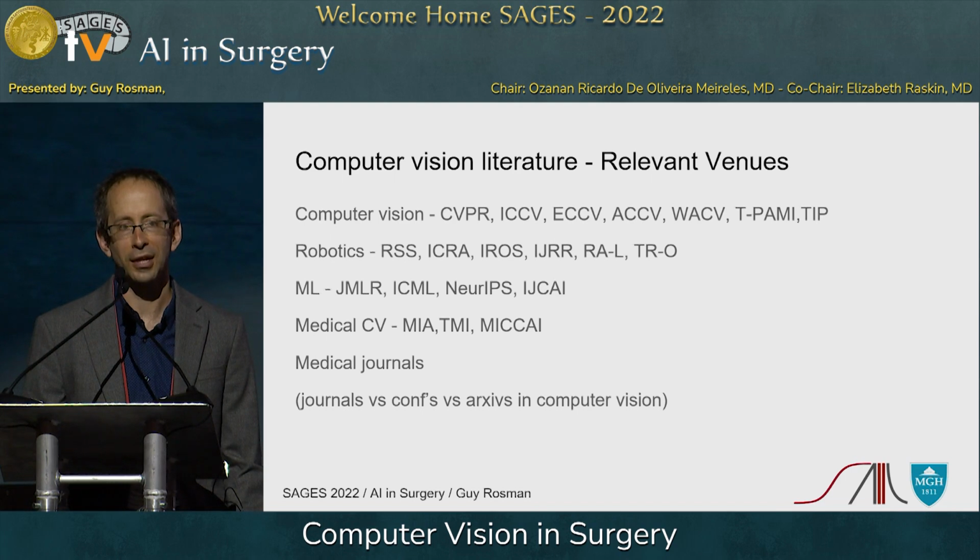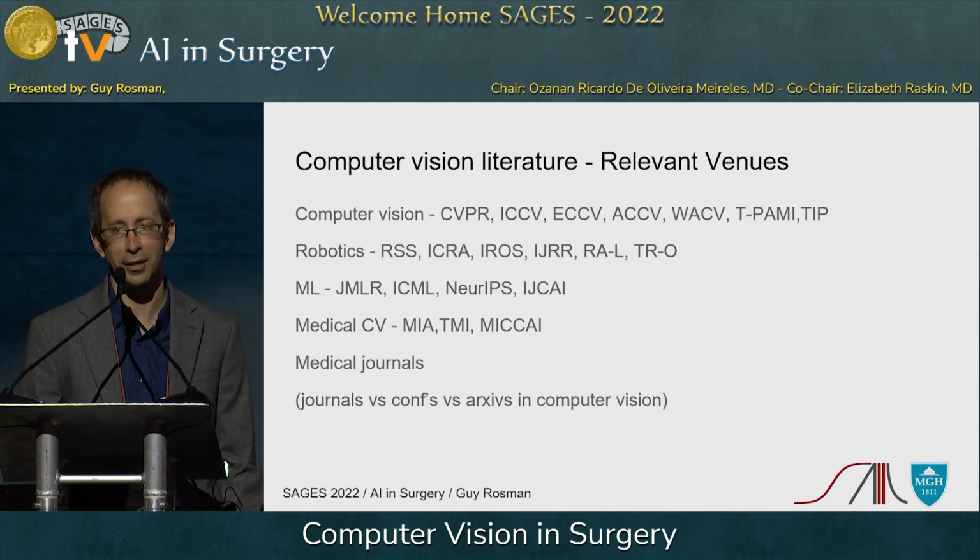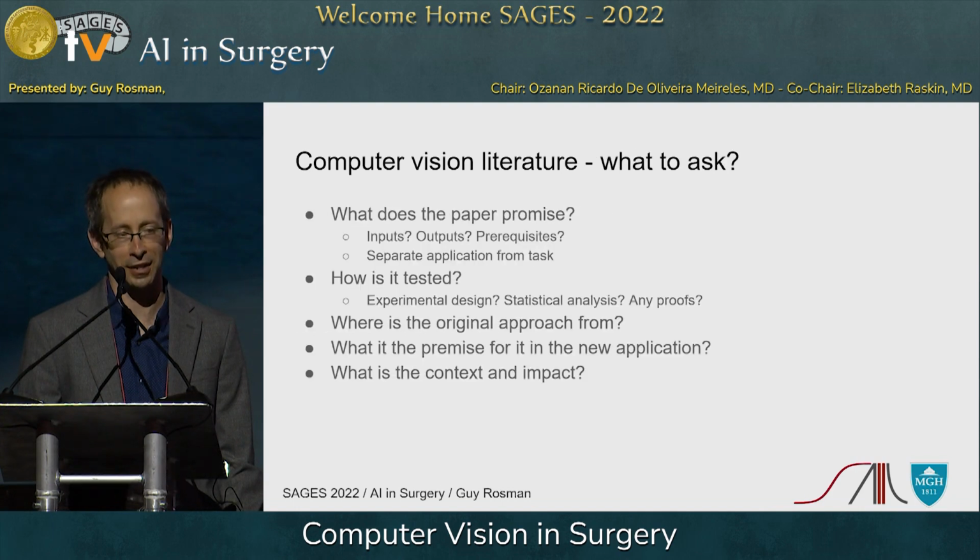Another thing to notice is that conferences and even arXiv papers play a much heavier role in computer vision. Basically, by the time a new neural network algorithm gets to CVPR, a computer vision conference, it has already been on arXiv for a few months in many cases and may have acquired quite a bit of citations. That doesn't mean it's peer-reviewed. CVPR, however, and all of these conferences are peer-reviewed, and a lot of the algorithms are basically published there and not necessarily even in journals.